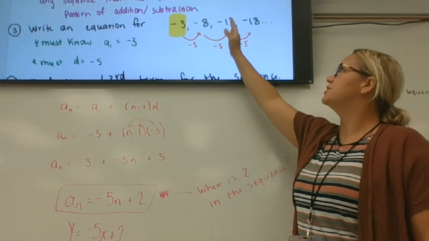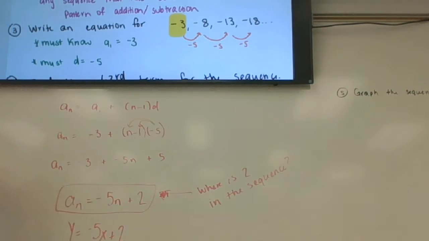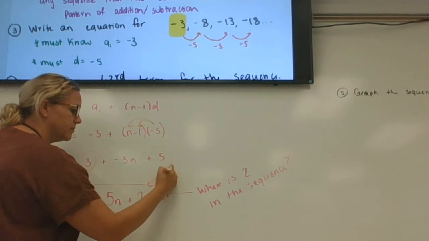So these are positions in a sequence. This sequence starts at -3, jumps to -8, -13, -18, and it goes to infinity. The 3 dots means it goes to infinity. This is the first term. This is the second term. This is the third term. This is the fourth term. When you do your formula and you rewrite it, the number that shows up in the equation is the 0 term.